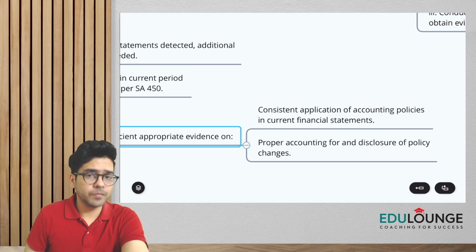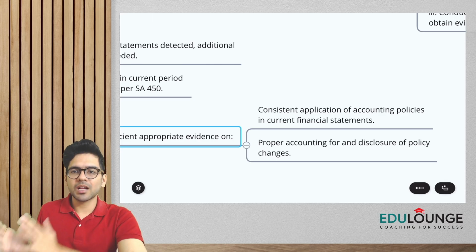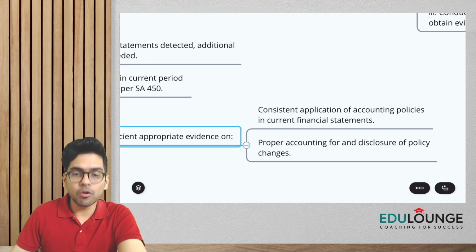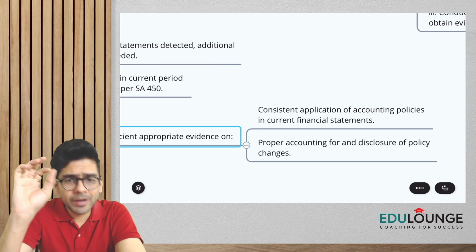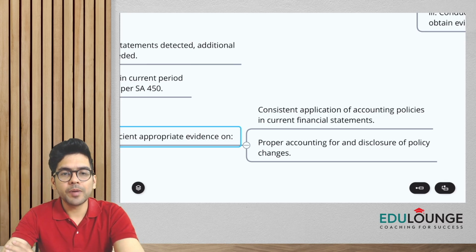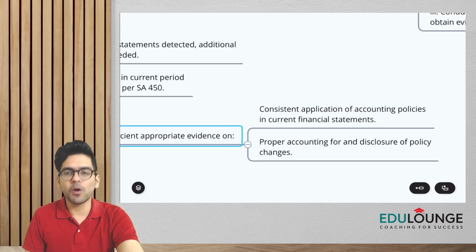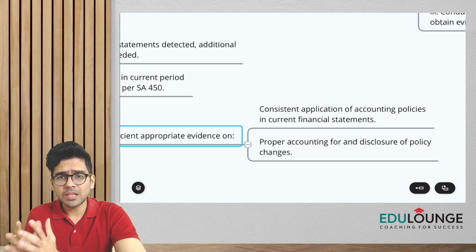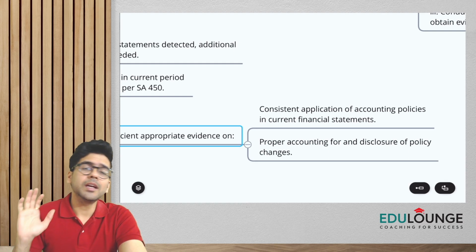And guys, it's not that they can't change the accounting policy, right? The management, the company can very well change the accounting policy, but in that case we have to ensure that whatever change they have made is properly disclosed. So, proper accounting for and disclosure of policy changes. Whenever they make any changes in their accounting policy, it has to be properly disclosed.